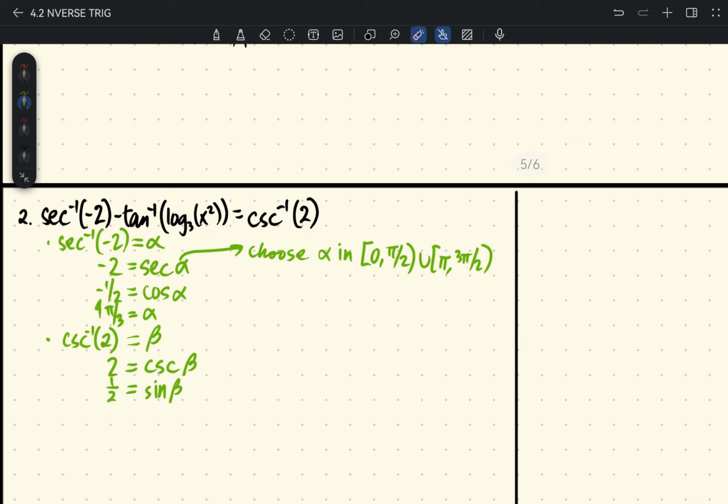But what value of beta are we choosing? We're choosing beta to be in the range of cosecant inverse, which is negative pi to negative pi over 2, union 0 to pi over 2.